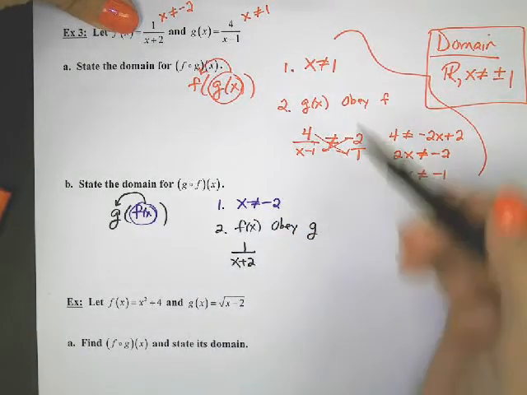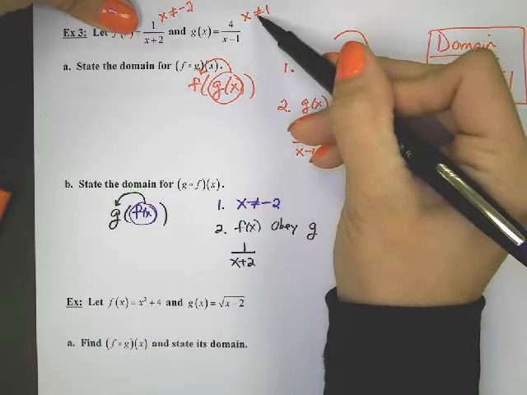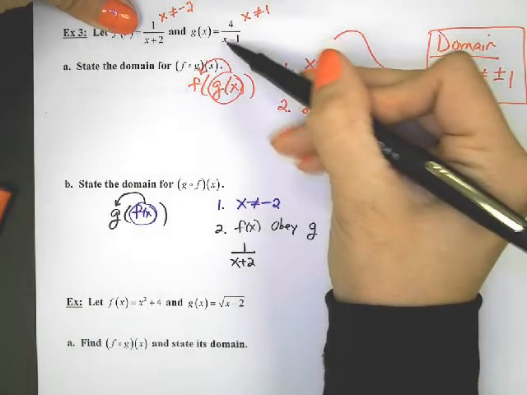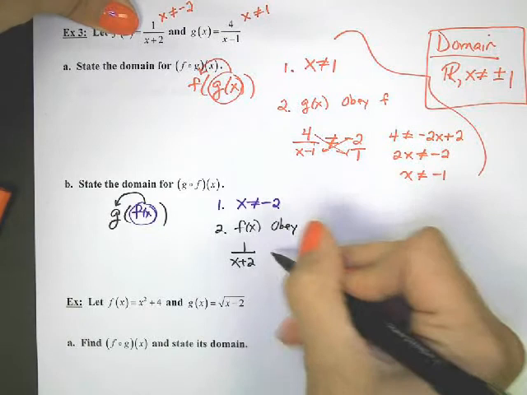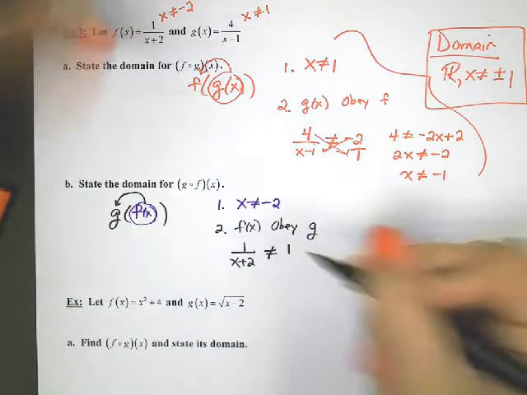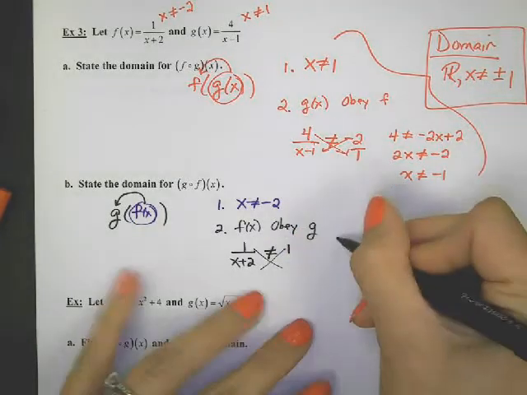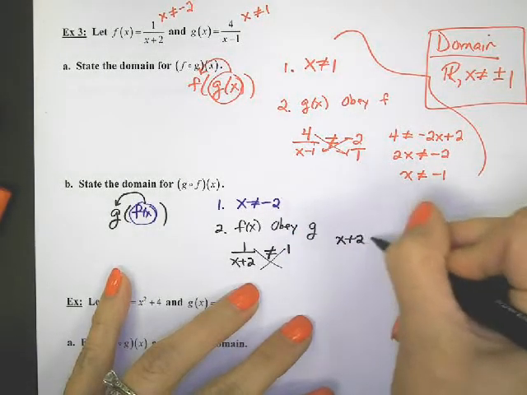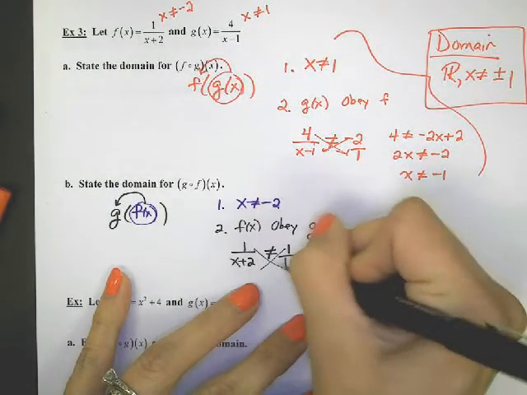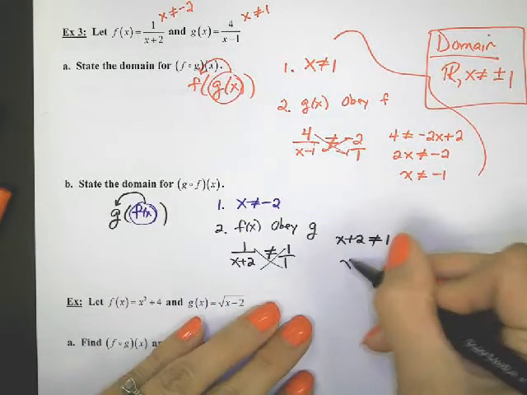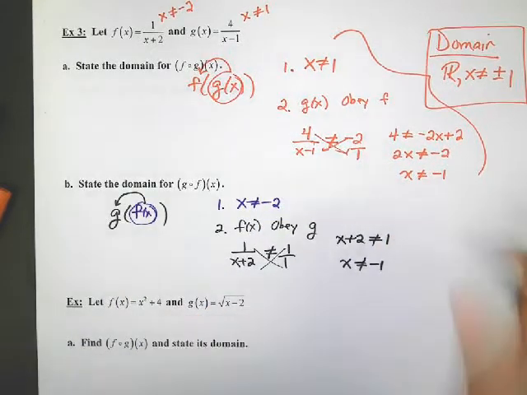Does g have any restrictions? Yep, he says do not equal 1. I will not work if you put a 1 in. So do not equal a 1. We're going to solve this by cross multiplying, just like the last one. X plus 2 cannot equal 1 times 1 is 1. X cannot equal negative 1.